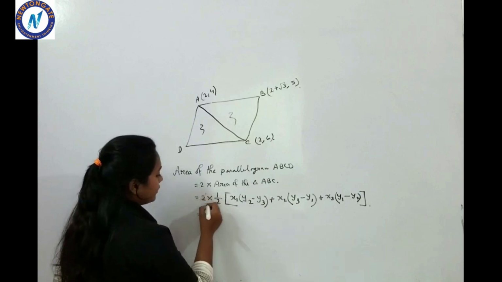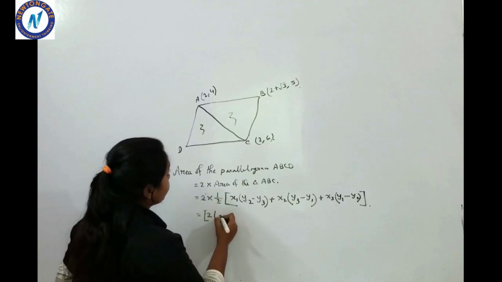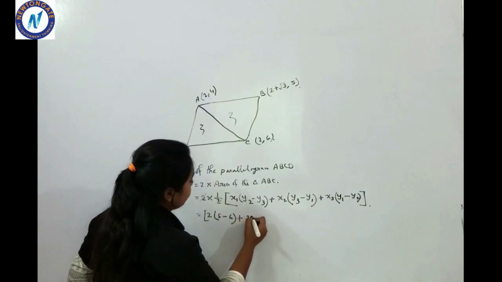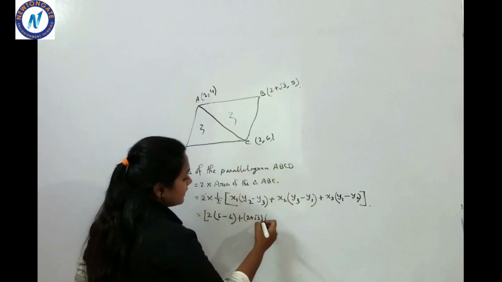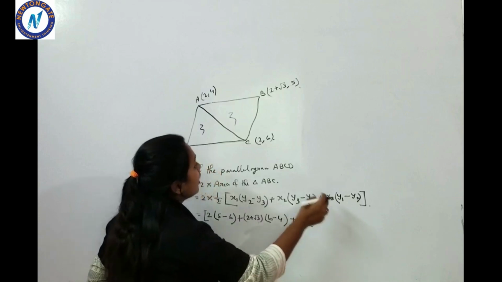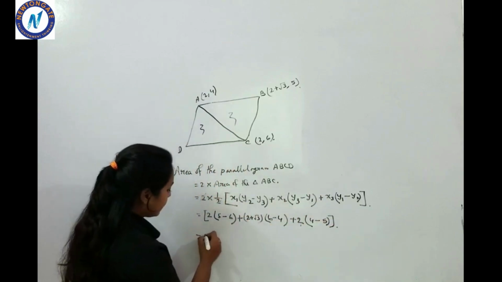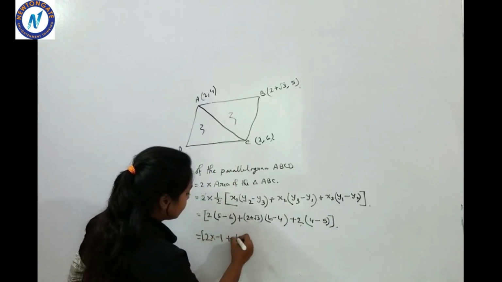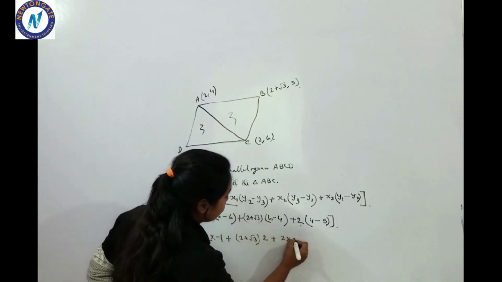Then we get the 2 and the half cancel out, and x1 means 2 into (5 minus 6), plus x2 means (2 plus root 3) into (y3 minus y1), y3 means 6 minus 4, plus x3 means 2 into (y1 means 4 and y2 means 5). Then we get 2 into minus 1 plus (2 plus root 3) into 2 plus 2 into minus 1.